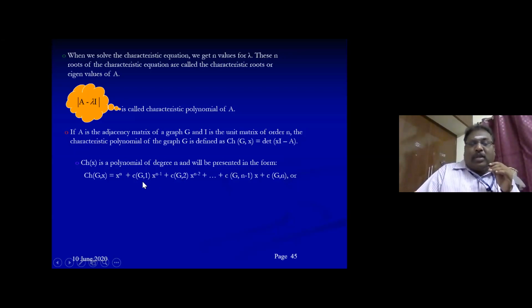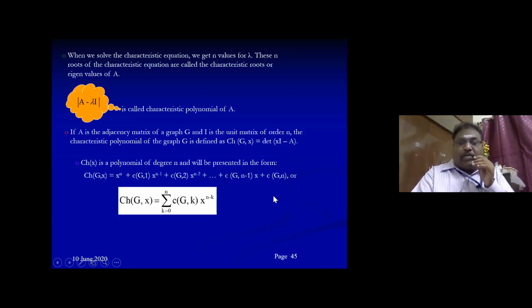So these are the coefficients of the polynomial, that is, we say c G1, c G2, up to c G n minus 1, and the constant term. Or simply write like this: sigma k running from 0 to n, c of G k x power n minus k. It's our style in chemical graph theory to represent the characteristic polynomial.